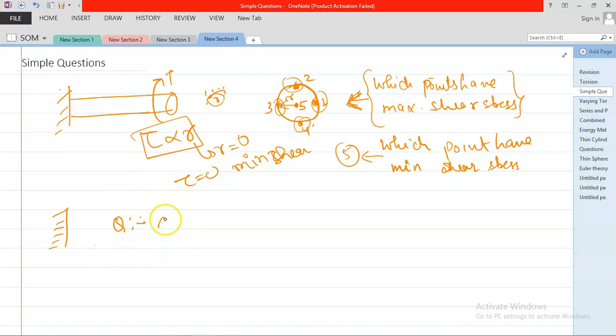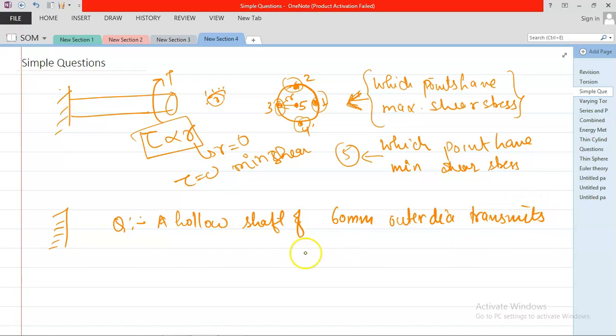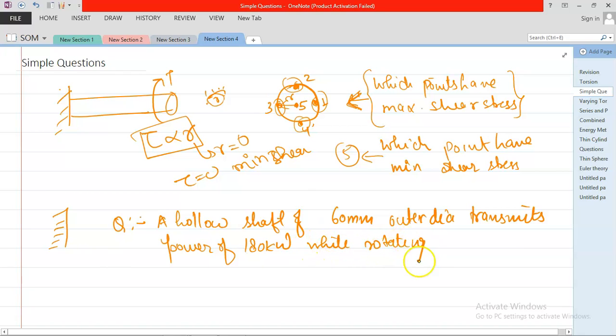A hollow shaft of 60 mm outer diameter transmits power of 180 kilowatt while rotating at a frequency of 25 hertz.